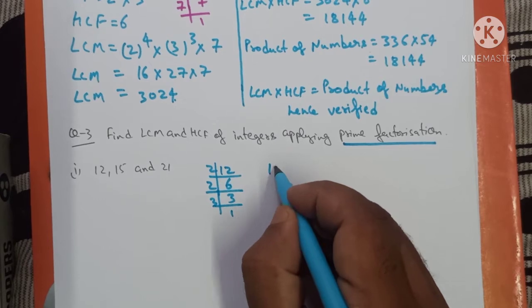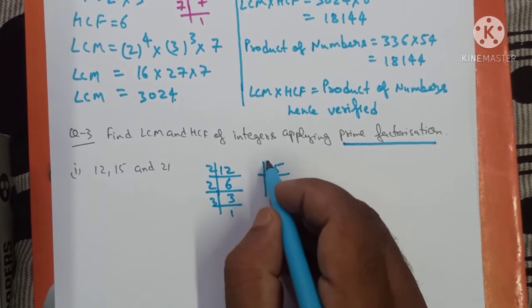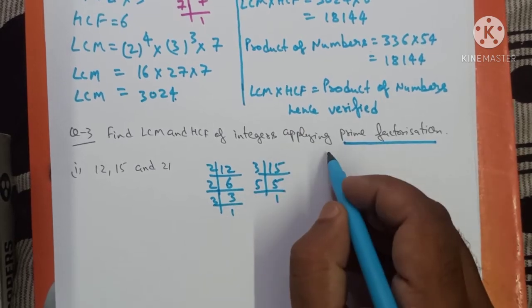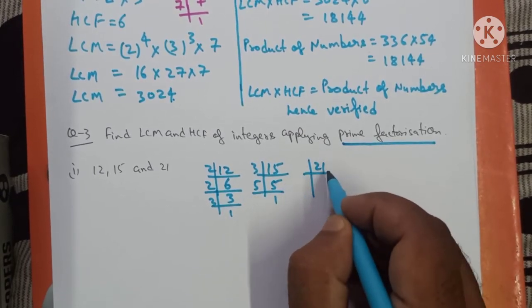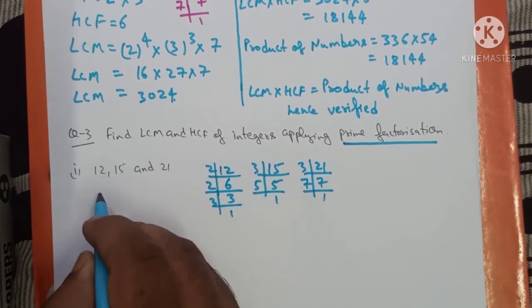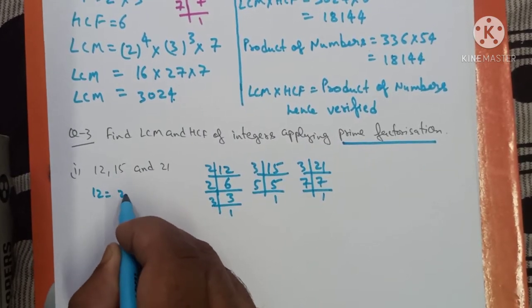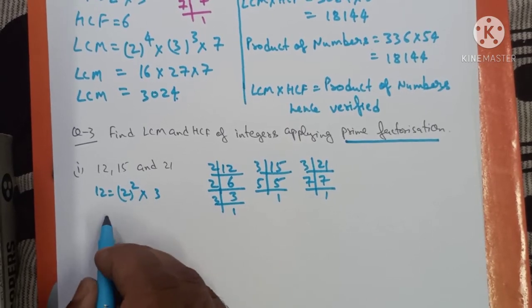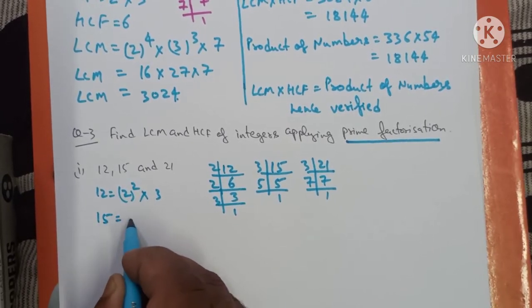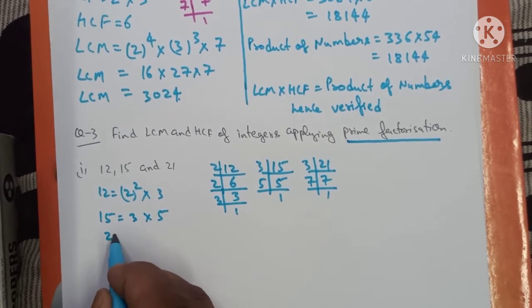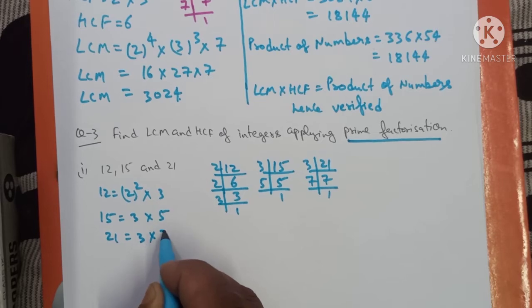Then 15 factorizes as 3 5 is 15, and 21 as 3 7 is 21. So 12 can be written as 2 raised to the power 2 into 3 raised to the power 1, 15 as 3 into 5, and 21 as 3 into 7.